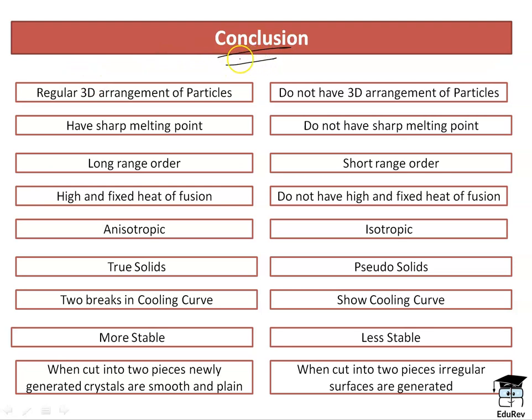Let's have a quick look at the conclusion of what we studied in this video. The first point, we studied the regular 3D arrangement of particles. Here it is about crystalline solids, and here it is about amorphous solids.